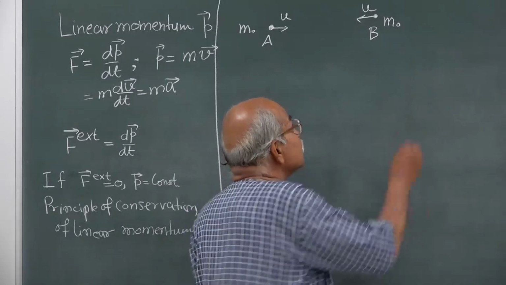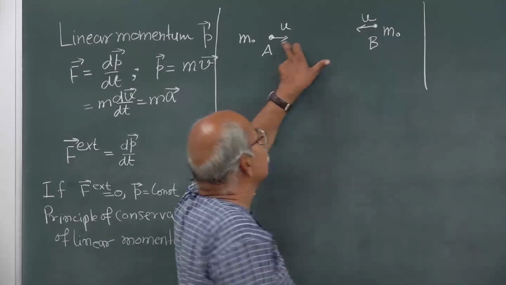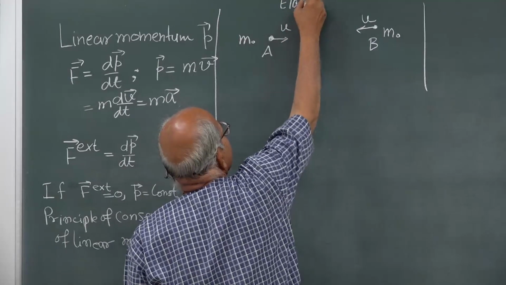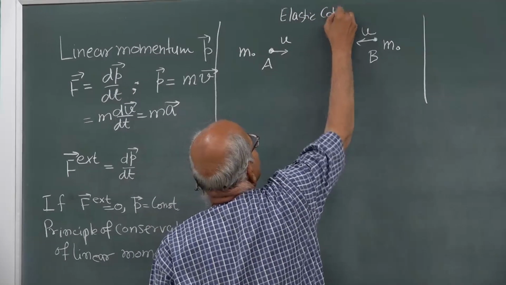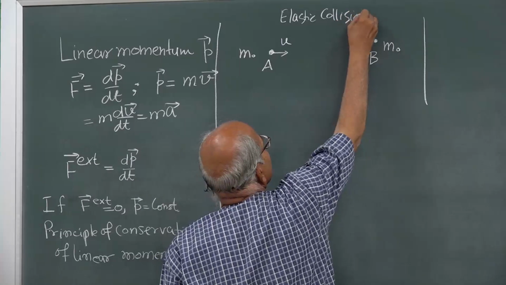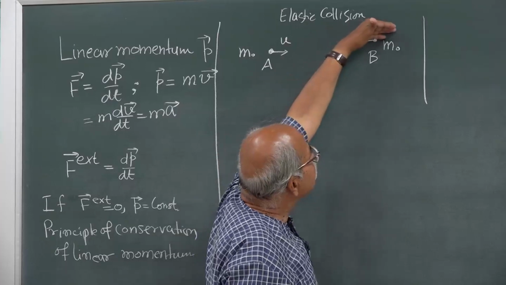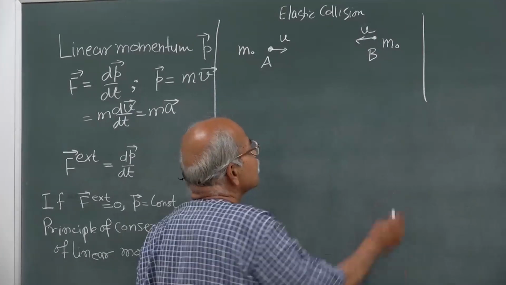They make a collision, and our collision will be elastic. So, let us take this elastic collision, and after collision this particle deflects a little bit, and this particle also deflects a little bit.